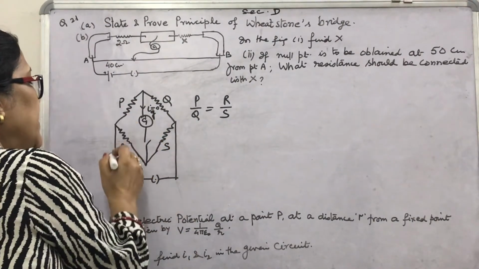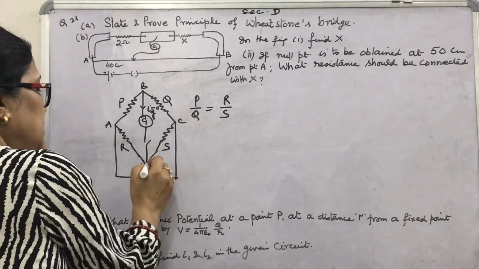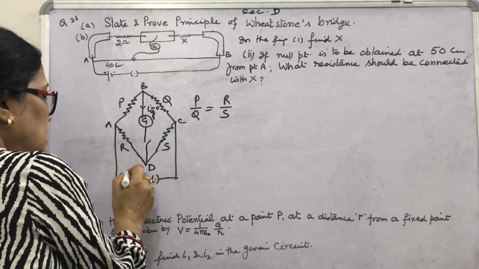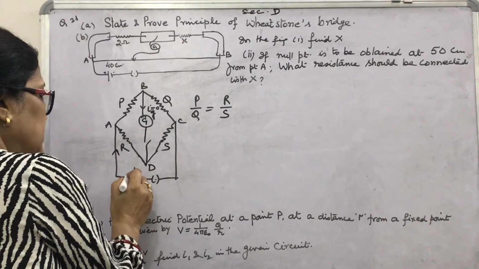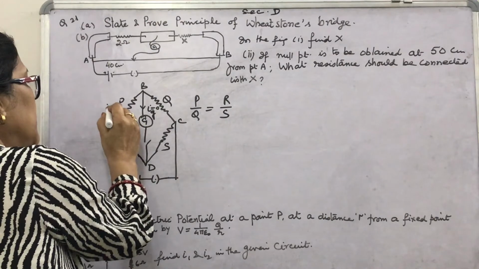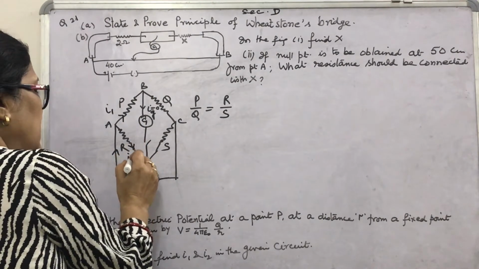How to prove it? Let us say that this is A, B, C, D. Look, if the cell key is made on, then current flows from the positive terminal of the cell. Here suppose it is divided into two parts, I1, and in this part it is I2.